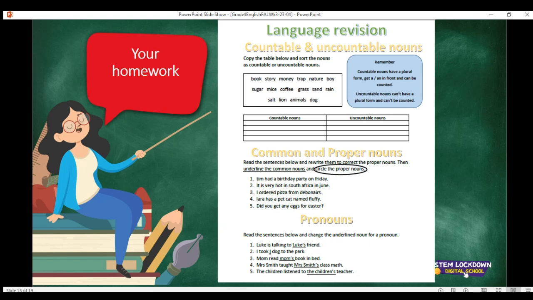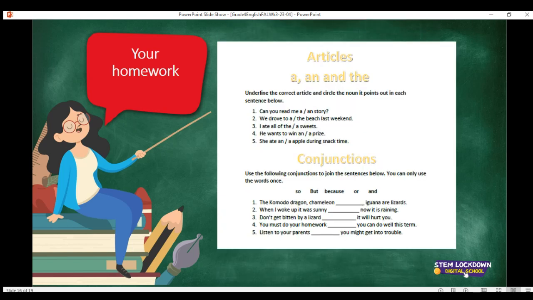So it does look like quite a lot of work, but if you do a little bit at a time, trust me, it will go very quickly. So there's page 1 and page 2.